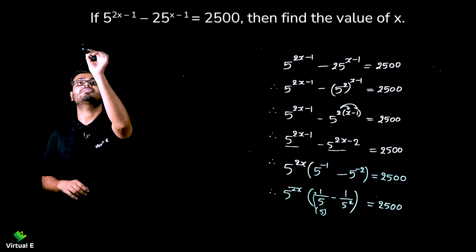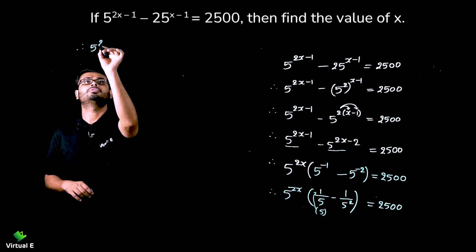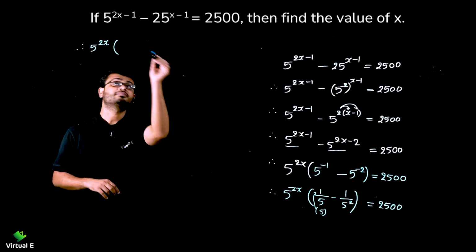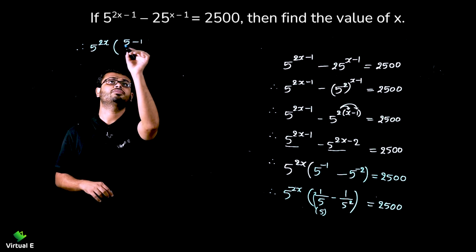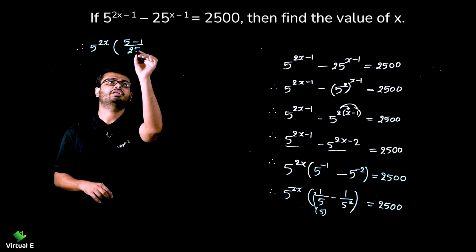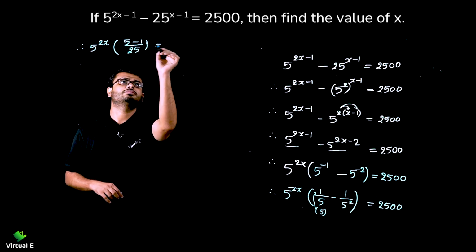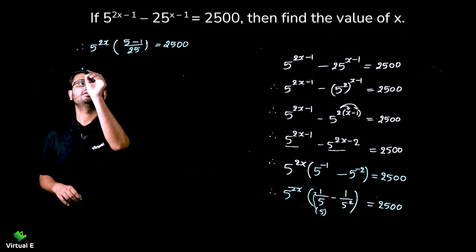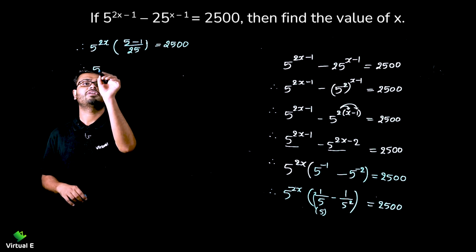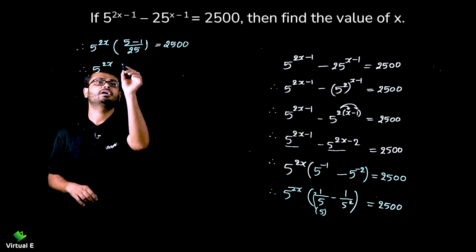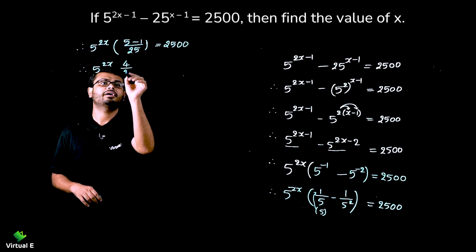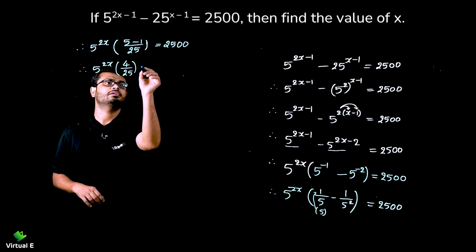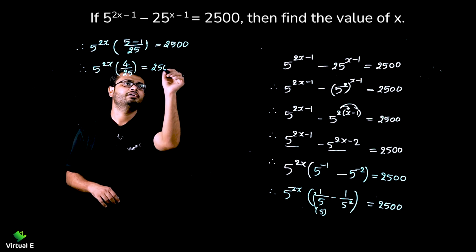So let's solve further. 5 raised to 2x and here 5 minus 4, and 5 raised to 2, that is 25, is equal to 2500. Done? So here 5 raised to 2x and here 4 by 25 is equal to 2500.